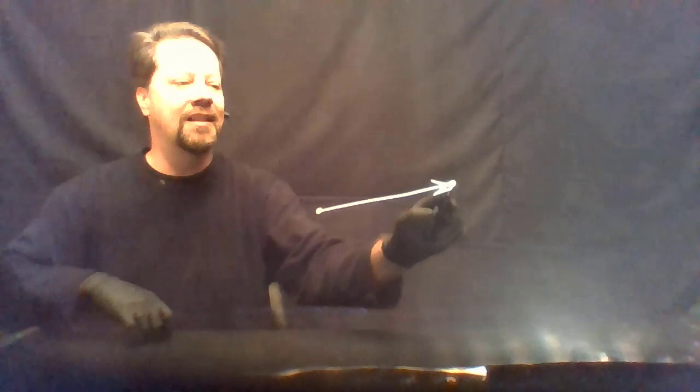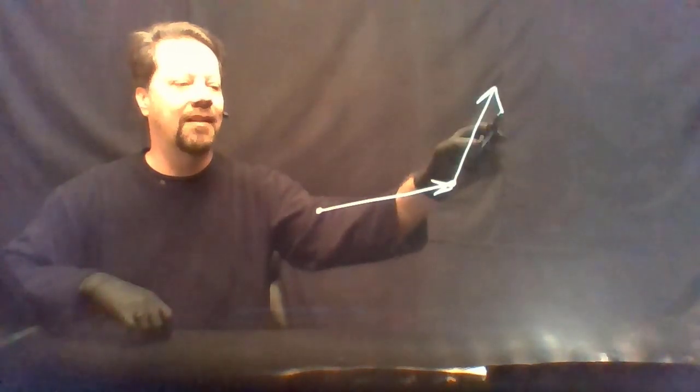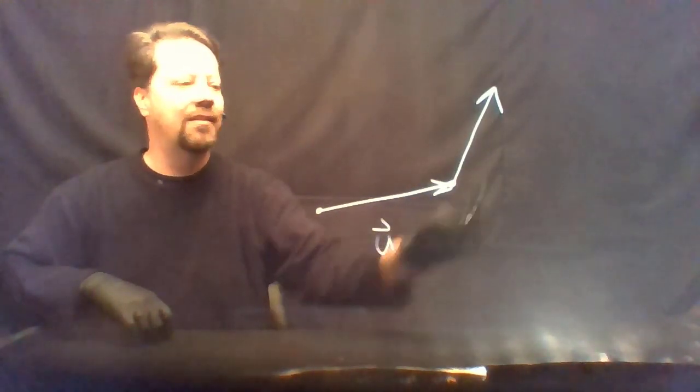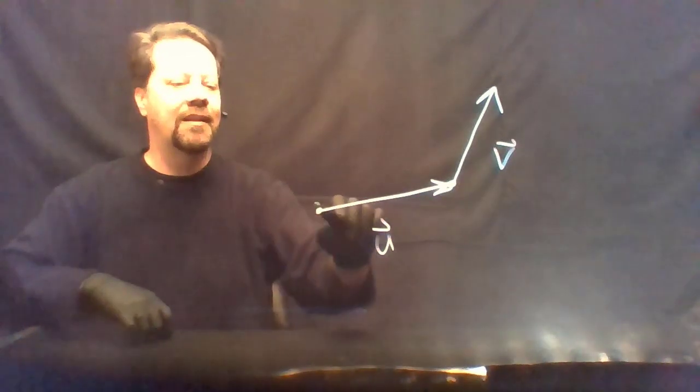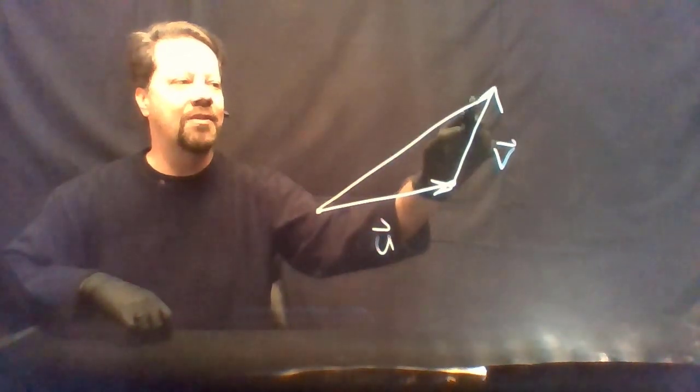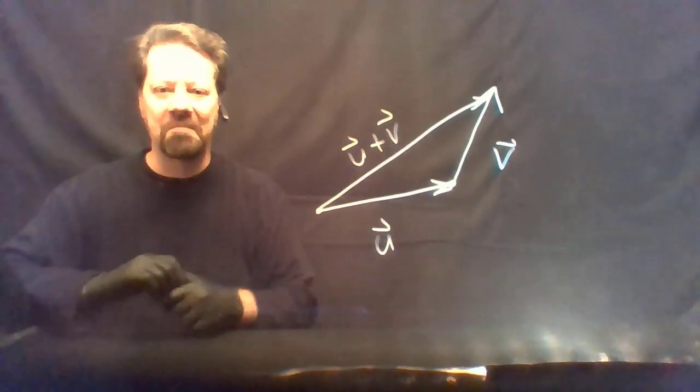We can even define certain geometric concepts. We can add vectors by placing them tip to tail, like this, and then drawing in the remaining side on a triangle, we can calculate u plus v.